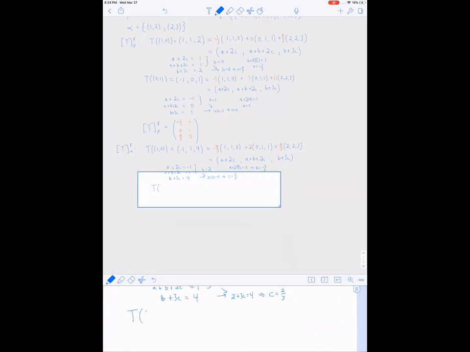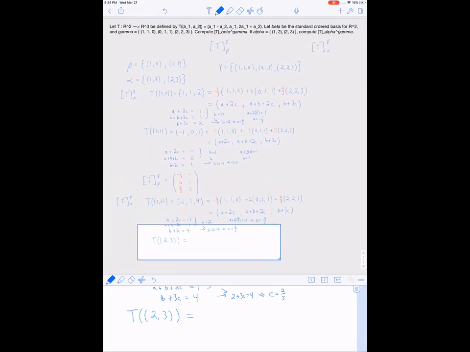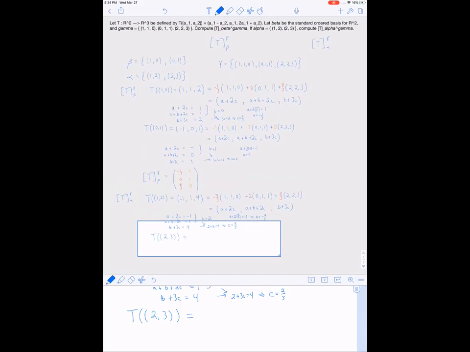T applied to the second vector from alpha, that is (2, 3). So doing the calculations, let's see. T says we subtract the two numbers to get the first entry, so 2 minus 3, that's a minus 1. The next is just the first entry, 2, and 2 times 2 is 4, plus 3 is 7.